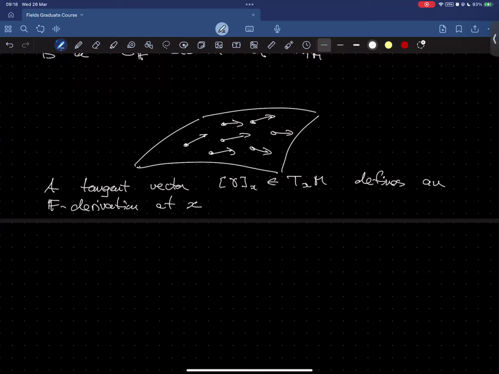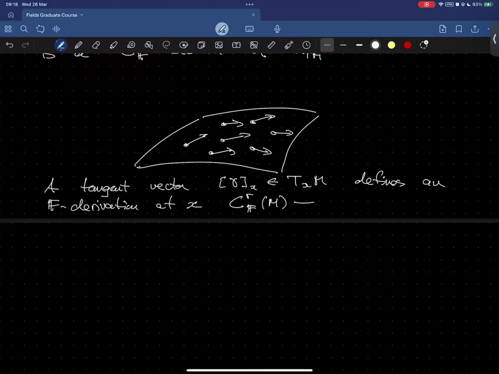This is the mapping from the space of functions, and remember that this notation means there's an implied but missing F, so it means scalar valued functions.